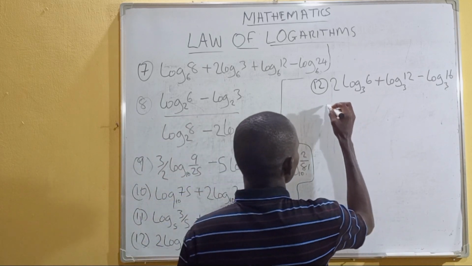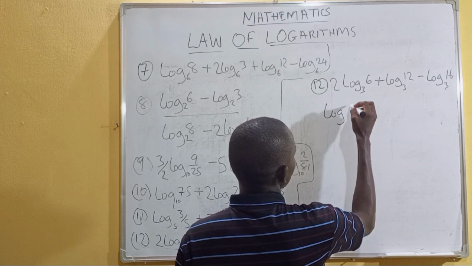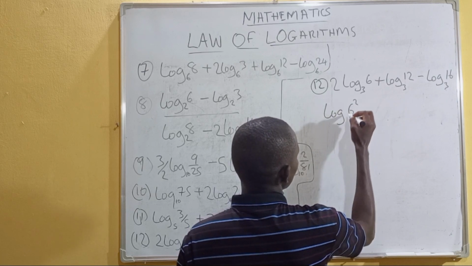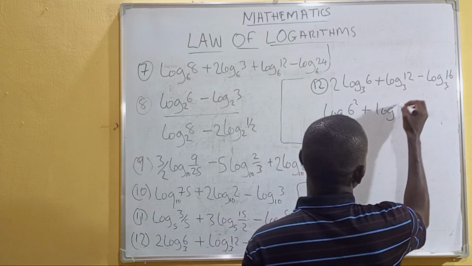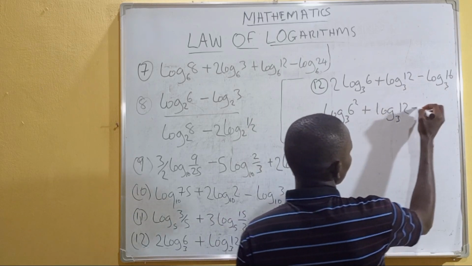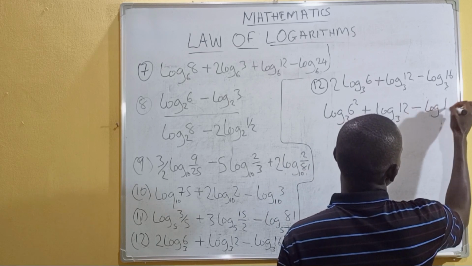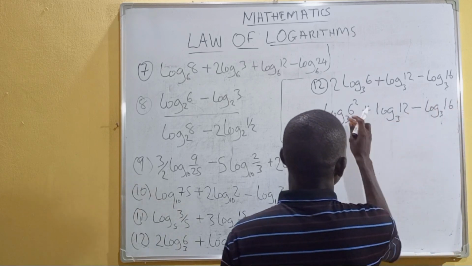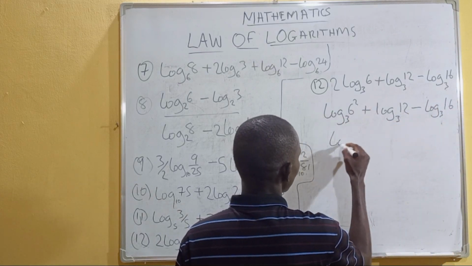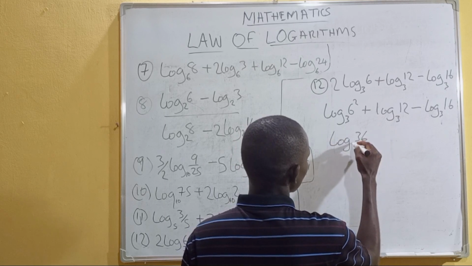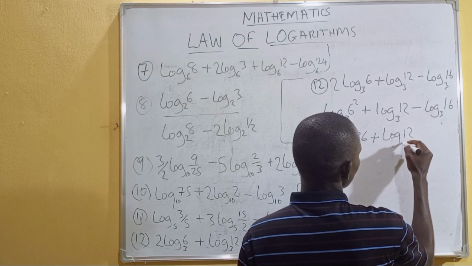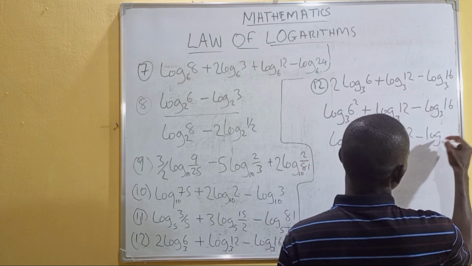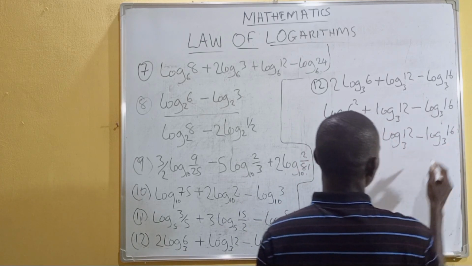We now have log 6 raised to the power 2 with base 3 plus log 12 base 3 minus log 16 base 3. 6 squared will now be 36. Now log 36 of base 3 plus log 12 of base 3 minus log 16 of base 3.